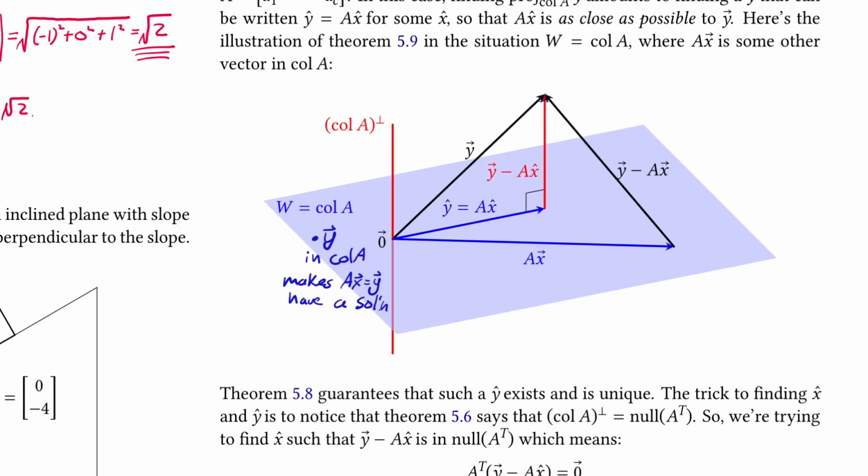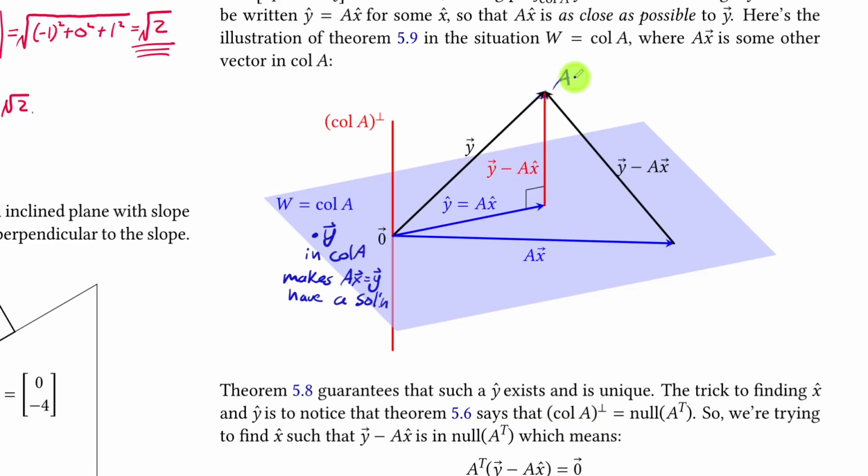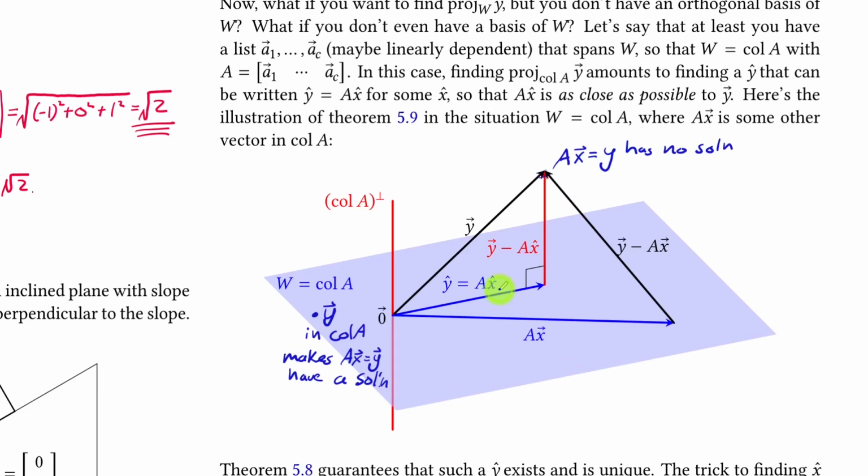So we're not actually solving Ax equals y because it has no solution. But we can say that Ax equals y has a least squares solution. The least squares solution is x hat, which is the scalars that you scale the columns of A by to get to this point as close as possible to y.